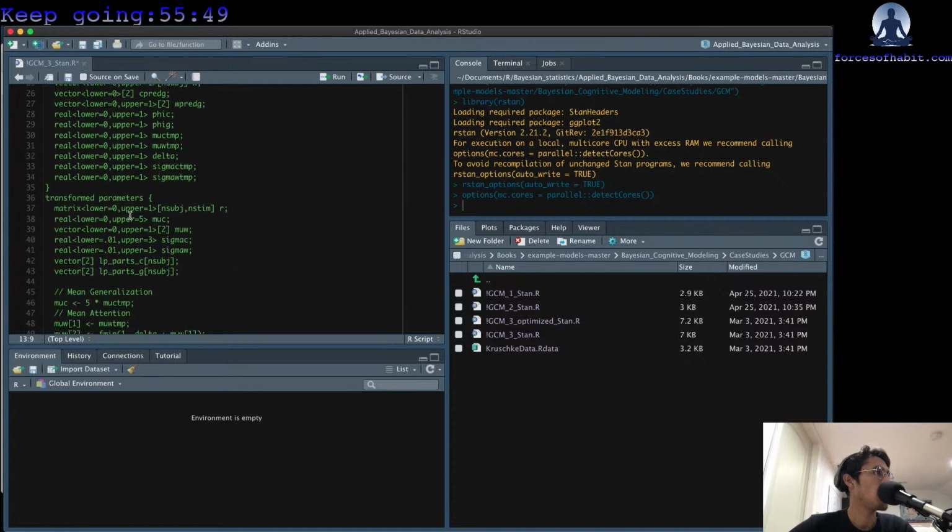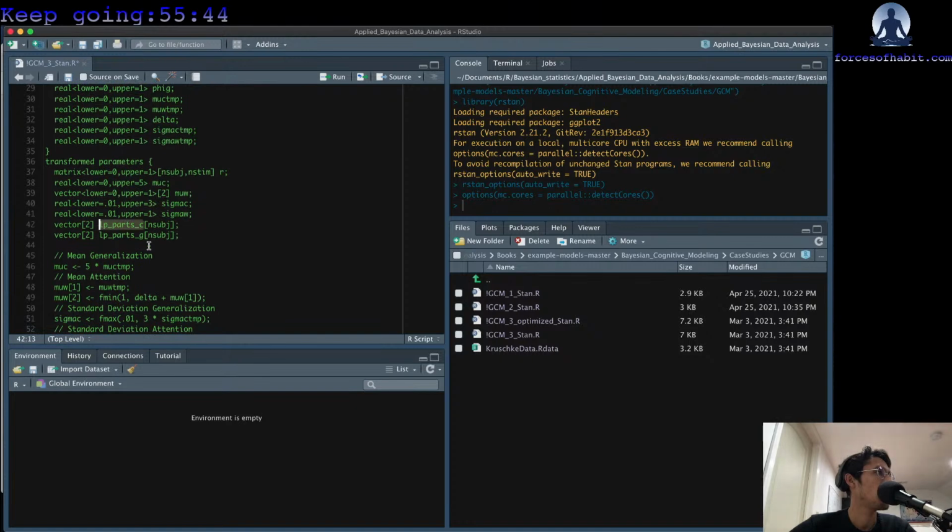Parameters, transformed parameters, mu, w, sigma. LP.